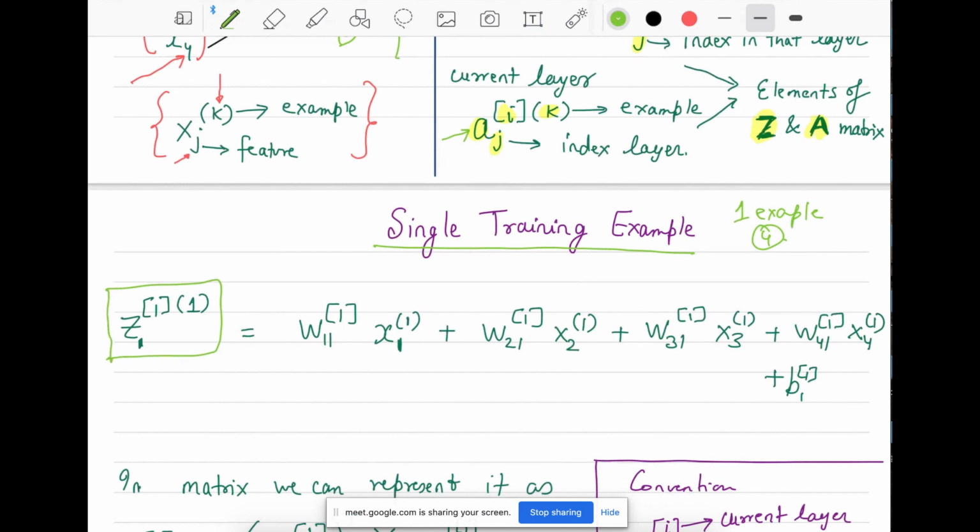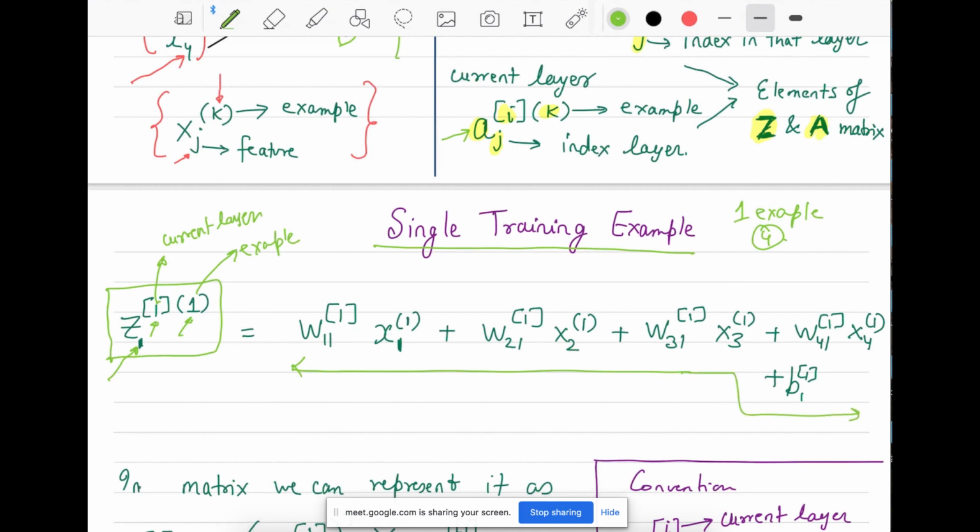Now I am writing it as Z1 and then 1. So this one is basically the current layer. Since you are at layer 1, this is the node corresponding to that, and this is the example that you are seeing. You are currently looking at only one example, that's why it's 1 over here, and as I told you, it's a summation, so it will sum all the elements.